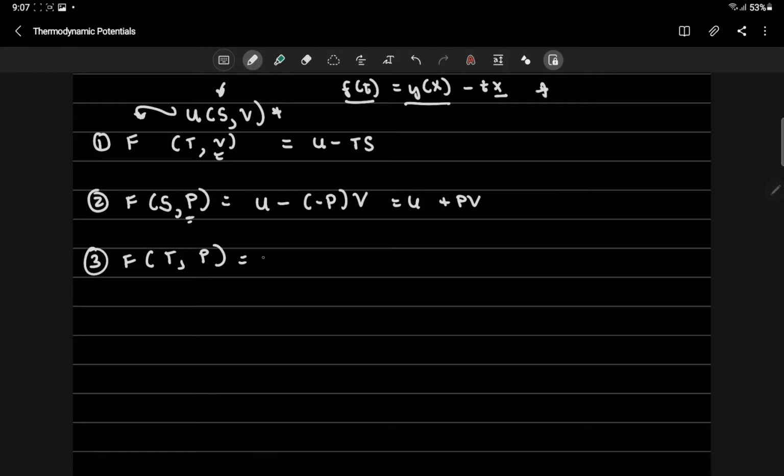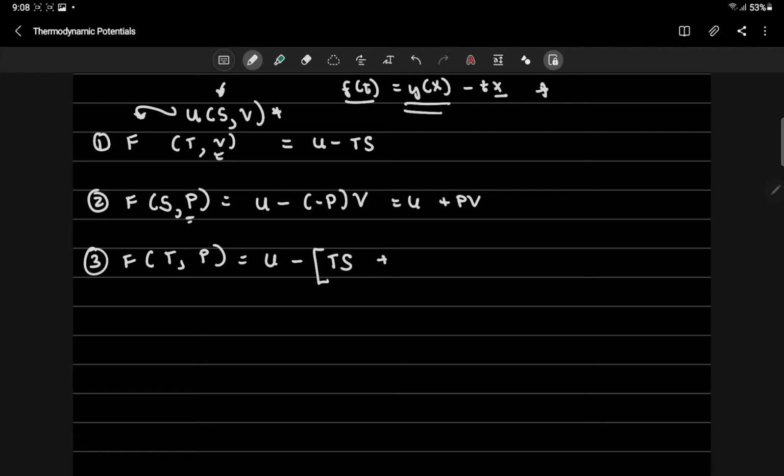So, still, you will use the same formula. Y of X is just your internal energy minus, ito, dalawa na to. Kasi, dalawa yung binary natin. So, isa-isayin natin, no? Yung una is yung slope is temperature and the independent variable is entropy.